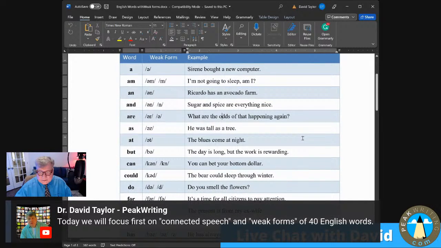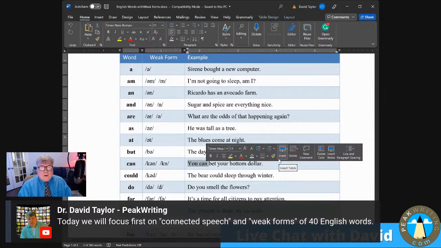Let's look at can. Can presents us another example of a weak form that has completely eliminated the vowel sound. Normally in English, if you've learned this rule, all English syllables must consist of at least one vowel sound.